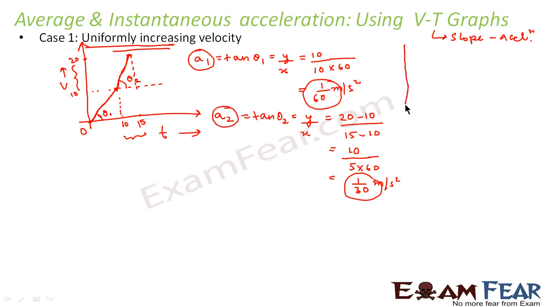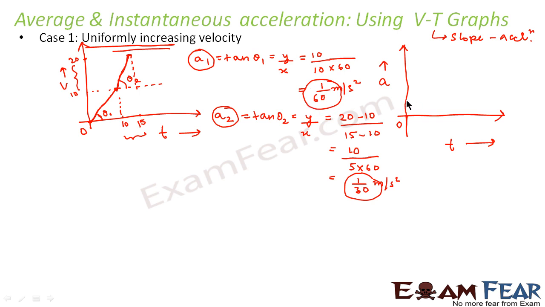In this case, the acceleration time graph would look like this. We will take acceleration along the y-axis and time along the x-axis. Now, if we plot the acceleration time graph using the data which we get here, we see that initially for the first 10 minutes, the acceleration is 1 by 60 meter per second square.